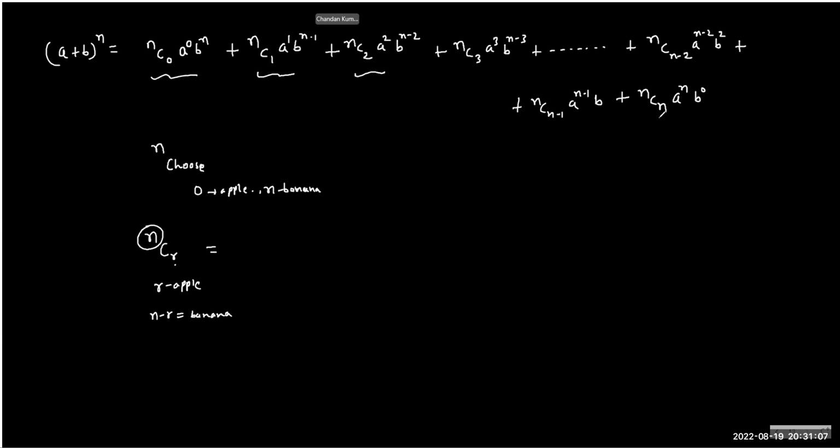And the plus is saying that either I will do this or this or this or this or this or this or this. So in total, how many types of selection can we make? You can see the number of terms is n plus 1.